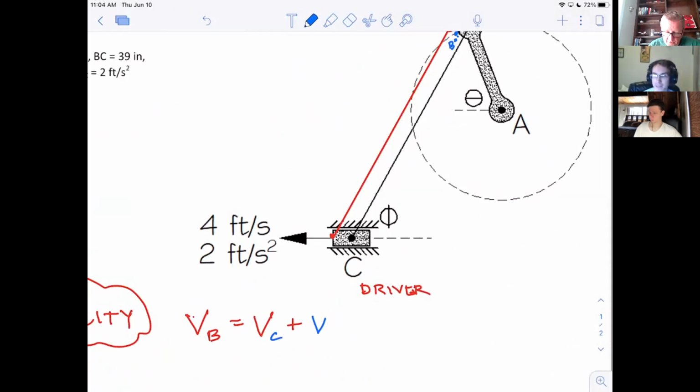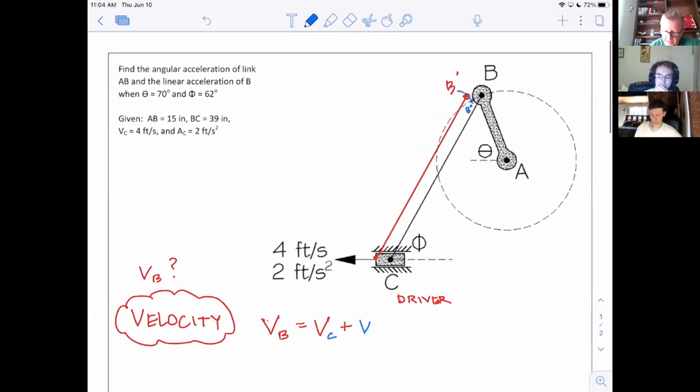So V is the driver, right? Whatever the velocity of C is, that's what the velocity of B is doing. But then secondly, B is going to rotate around point C. That's our basic equation. Again, you don't have to have that memorized. But my question to you, and I want you to get this right before we start, is can you draw in where the velocity of B goes?